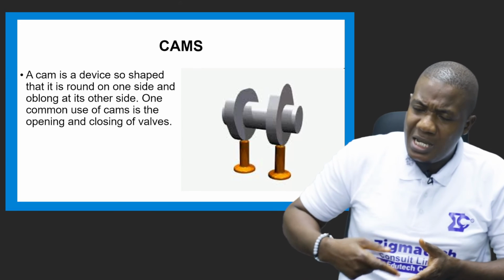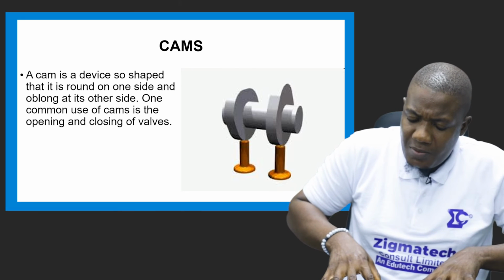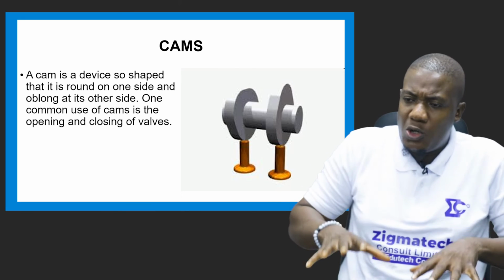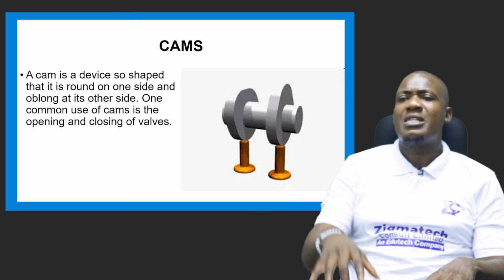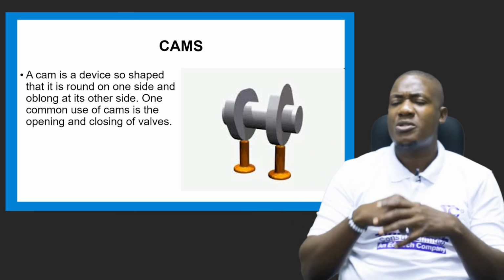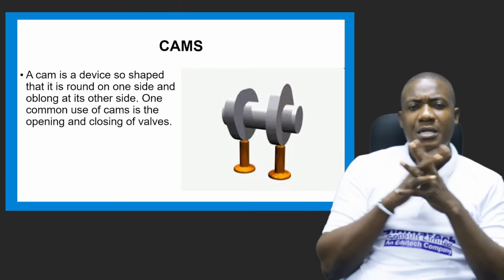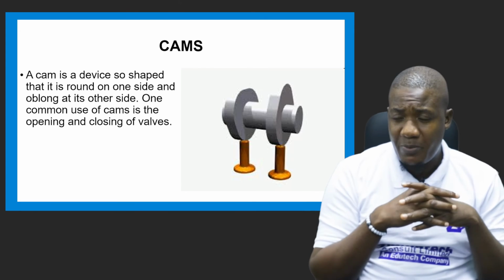Now, as the cam is rotating, the valve opens and closes. As that happens, we can have air enter into the combustion chamber of the vehicle so that we can have an air and fuel mixture and combustion will take place.